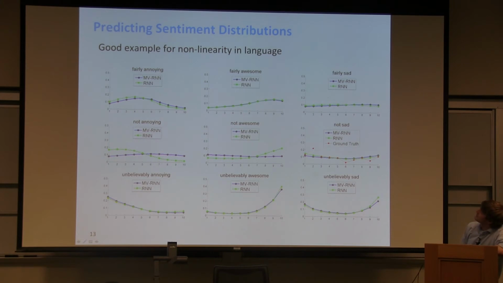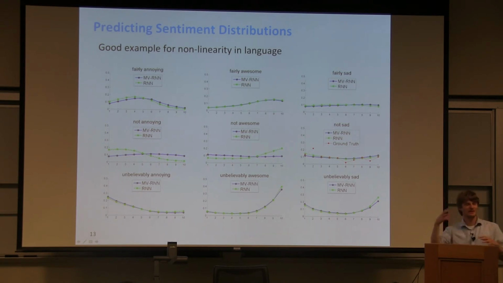All right, so now let's look at basically here the outputs of what this model thinks and how often it would think to see certain bigrams. So in each row, we have the same adverb. So fairly here is our adverb modifying the adjective at each column. So fairly annoying. Fairly, we often call in linguistics an attenuator.